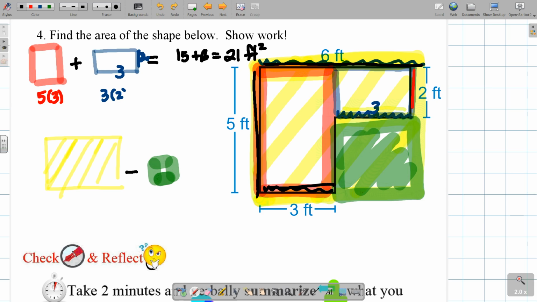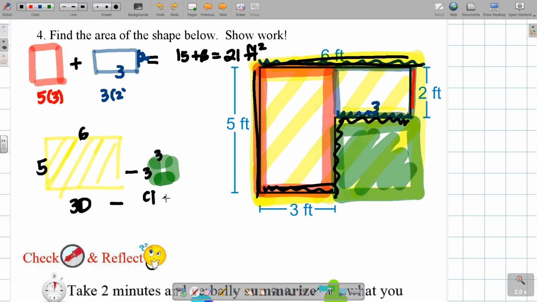And this is going to be 5 times 6. Of course, that giant yellow is 30. And then this edge would have been 3 times 3 square, 9.